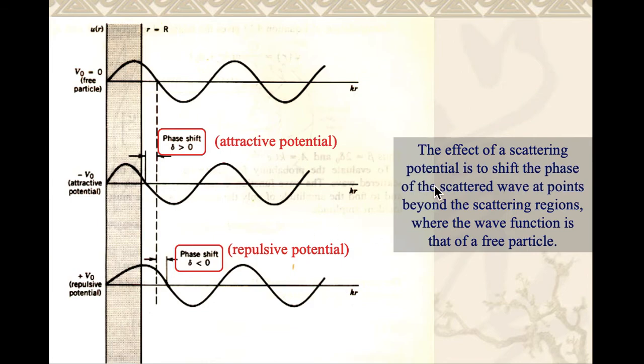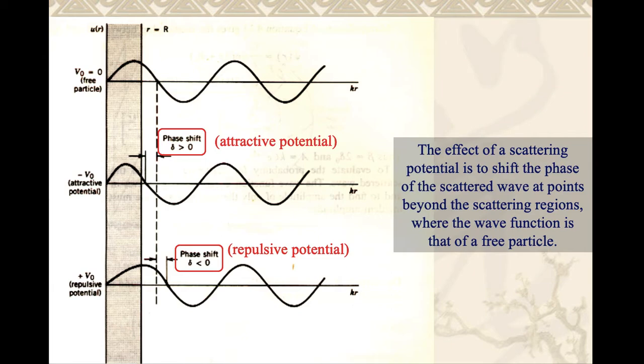The effect of the scattering potential is to shift the phase of the scattered wave at points beyond the scattering region, where the wave function is that of a free particle. A free particle means there is no binding energy, or there is no force acting on the particle.